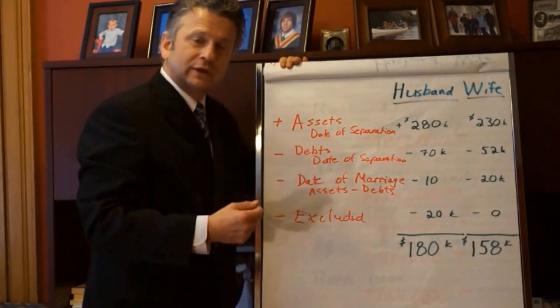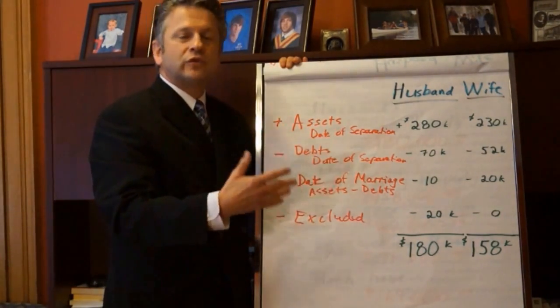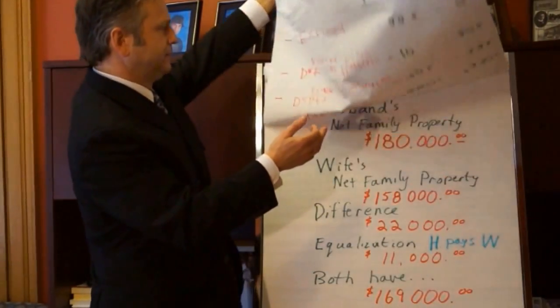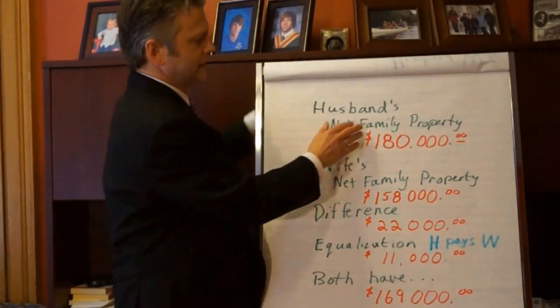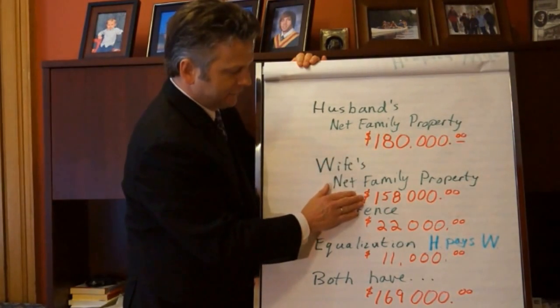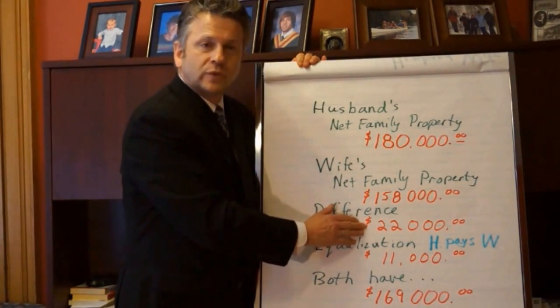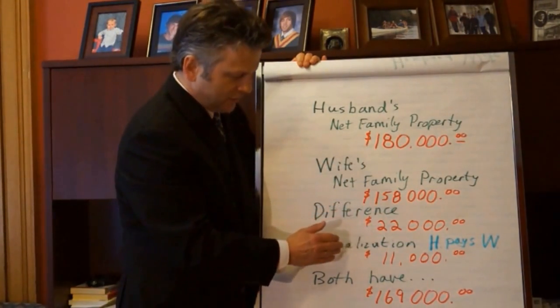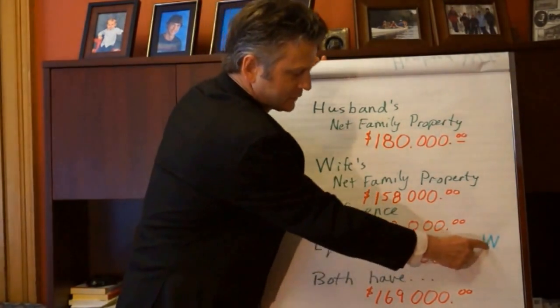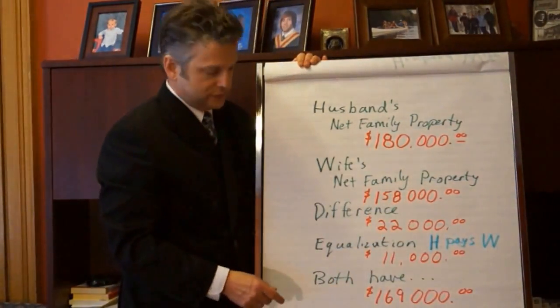So the Ontario Family Law Act says that those numbers should be equalized. So let's see the calculation. Here's the husband's net family property, $180,000. The wife's is $158,000. So the difference is $22,000. So to equalize that, the husband pays the wife $11,000.